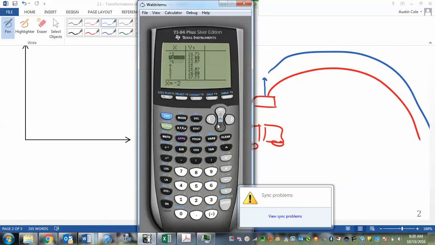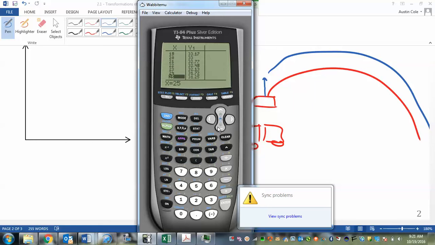At zero horizontal feet, how high is the water? What's that tell us, Easton? The water at 0 horizontal feet is at 25 feet in the air, meaning that's our starting point. We're starting 25 feet in the air. So after 1 horizontal foot, after 2, after 3, after 4, you can see.